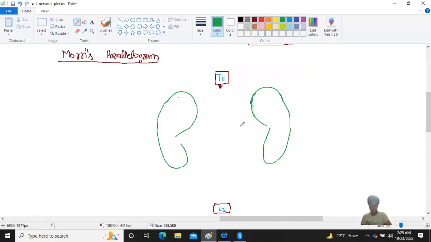There are some measurements here. This is the central line. The gap between the poles and here is around 2.5 centimeters. From the hilum, it is around 5 centimeters from one side.